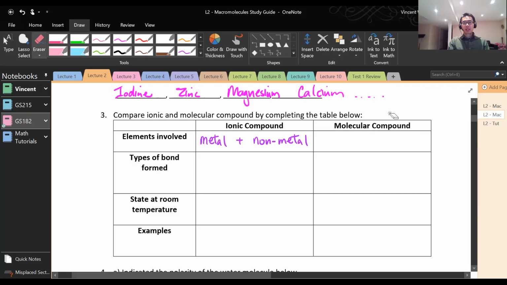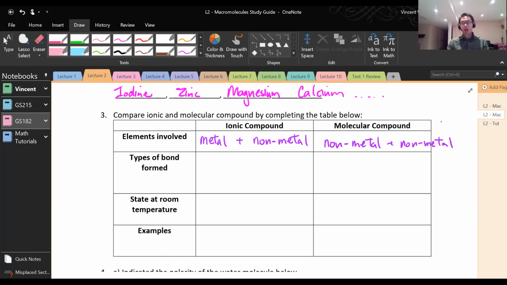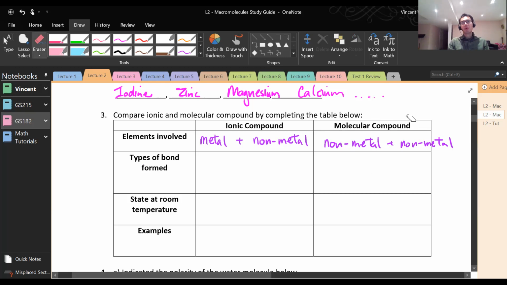For molecular compound, it can be non-metal plus non-metal, and it doesn't have to be one type and one type, like NO2. It could be something more complicated, like three things all together forming a molecular compound, like HPO4. That's a molecular compound. The key thing is not so much the number of elements involved, but the type. So metal, non-metal gives you ionic.